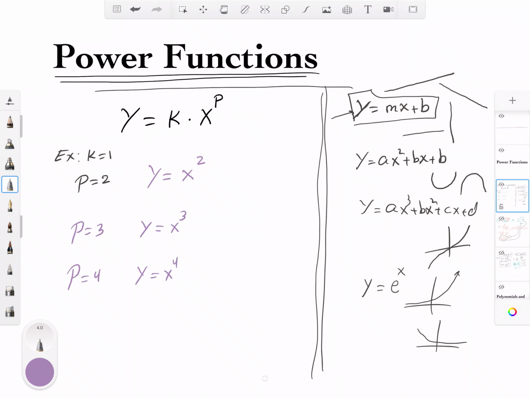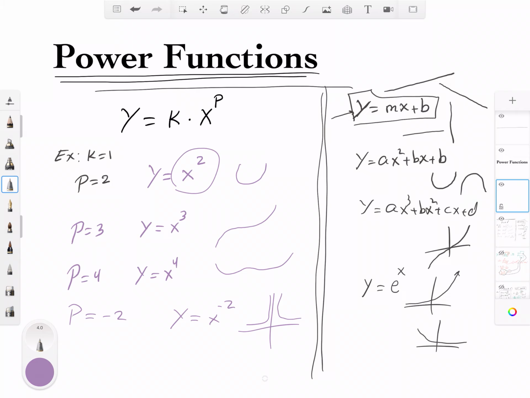If p equals negative 2, we get y equals x to the power negative 2. So definitely we can see we have a parabola, we have a chair, we might have a W, and we have a rational function like this. So we are dealing with different types of graphs. In this section of the chapter, you need to memorize some of the graphs.